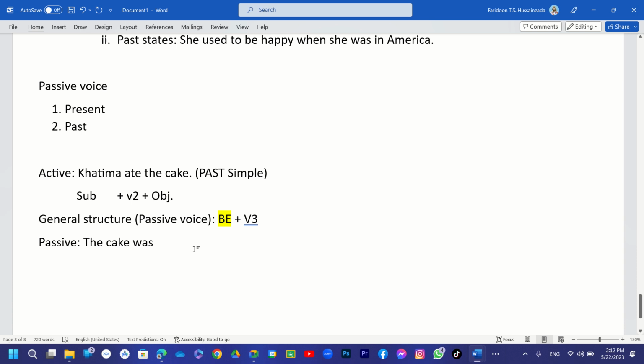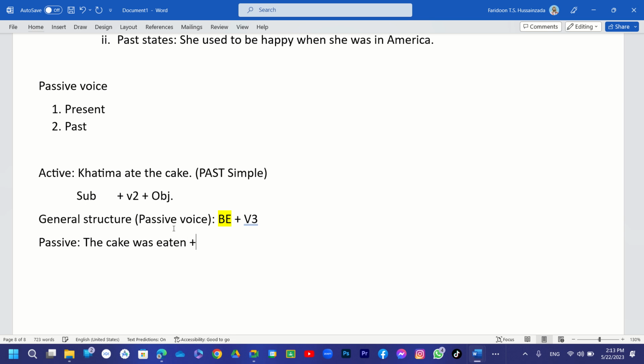The cake was what? Now I'm going to bring verb 3. The verb 3 is chosen from the main verb of my active sentence. It is ate, so the verb 3 of that is eaten. The cake was eaten. Done. The sentence is done, no big problem. But if you want to continue it, you can add something called a by phrase. A by phrase is very easy.